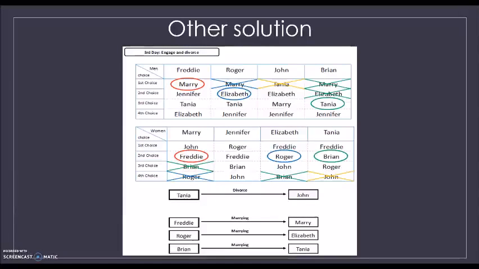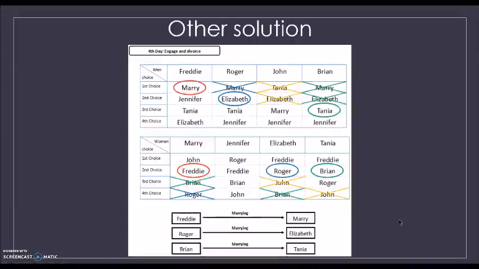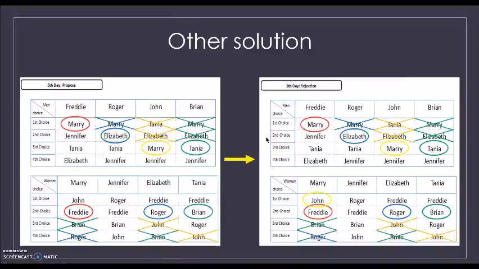John has to choose his second choice for the fourth iteration. For the fourth iteration, John competes with Roger for Elizabeth, and Elizabeth has to choose Roger or John, and Elizabeth chooses Roger. So now John has to go for the fifth iteration, for Mary.